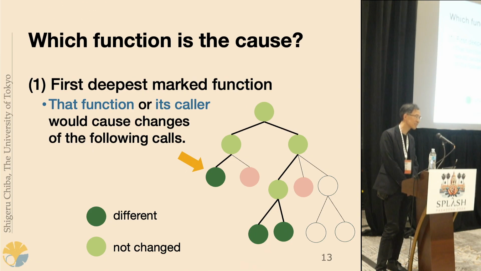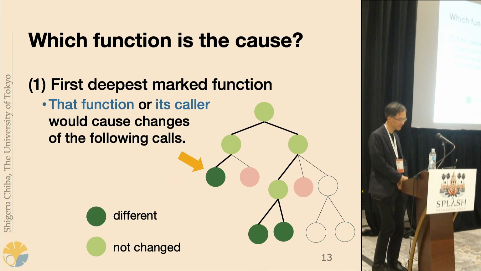So the question is which one we have to pick among several nodes. And the first heuristic is maybe the first different function should be the cause of regression. So it simply traverses the tree in the depth-first way, and the first different node it finds is the cause. So that's the first heuristic.